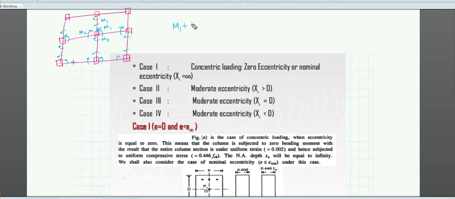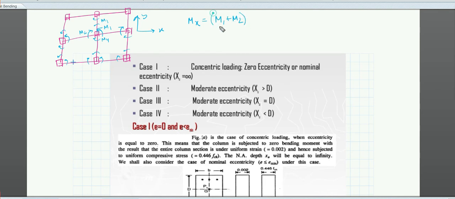If you take the algebraic sum of m1, m2, m3, and m4, it may not be equal to 0. You can think of it in two axes. Let us consider two axes, that will be easier. Suppose this is the x-axis, this is the y-axis. If I'm talking about moment about x, then it will be m1 plus m2.